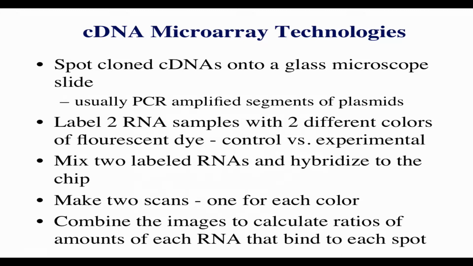We either request from scientists that they send us clones for all of these sequences, or we start synthesizing them using our DNA synthesis machines. And in any case, we end up with a bunch of tubes that have cDNA sequences.